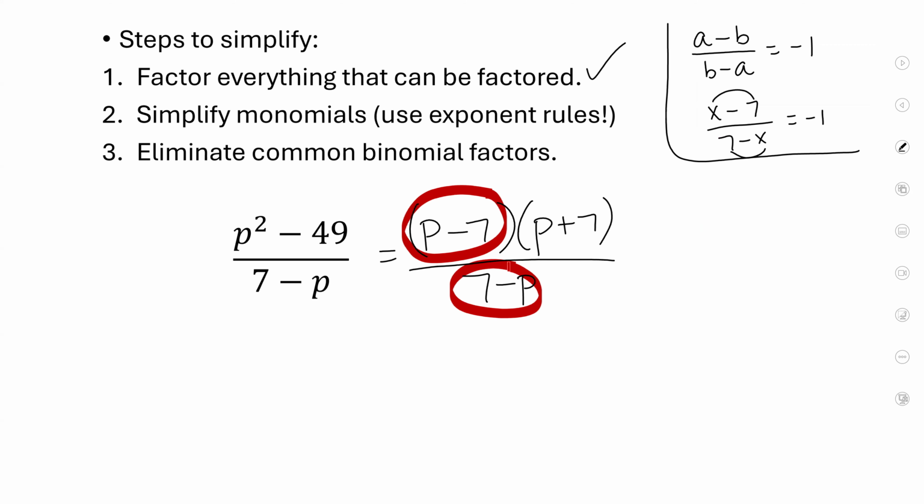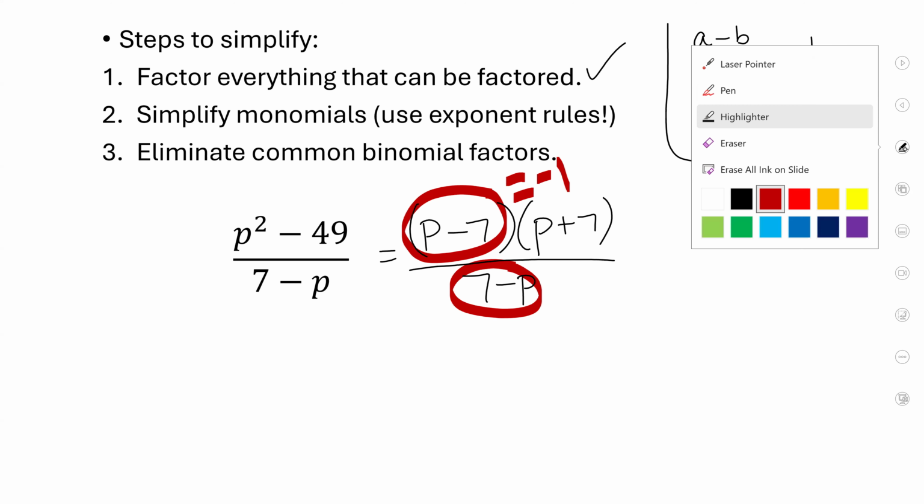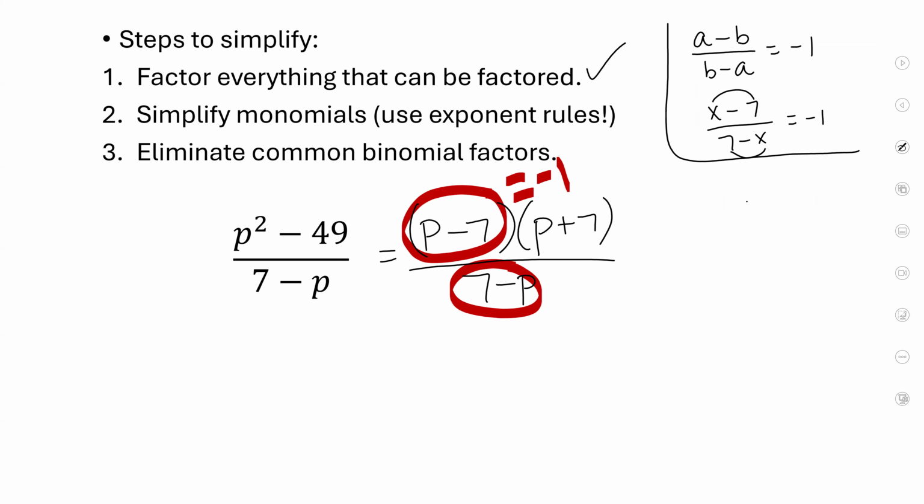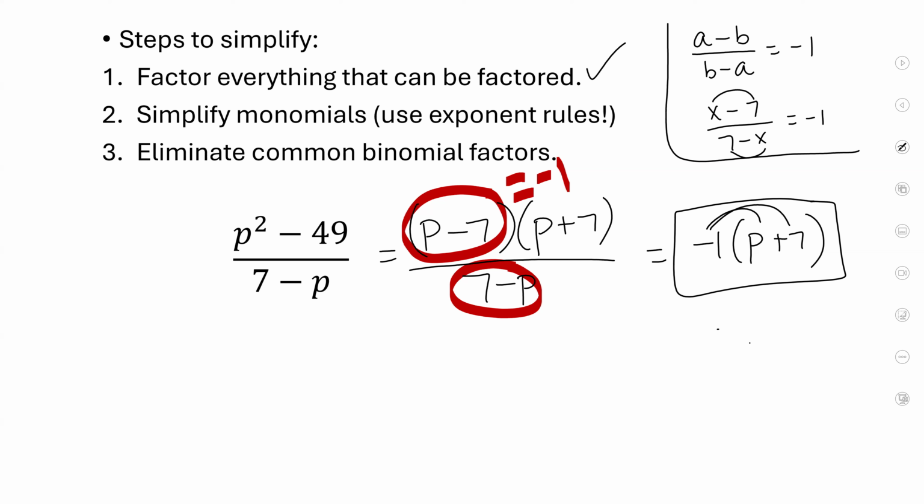You guys see that? That is equal to negative 1. So this simplifies to negative 1 times p plus 7. That's your answer. You can distribute if you want to. So you can put negative p minus 7. That also works.